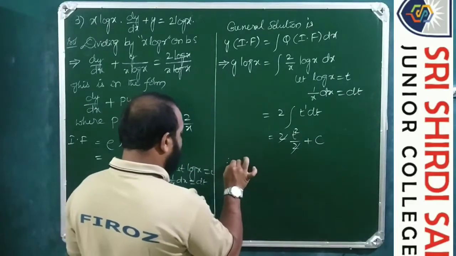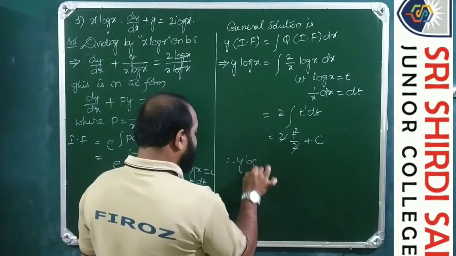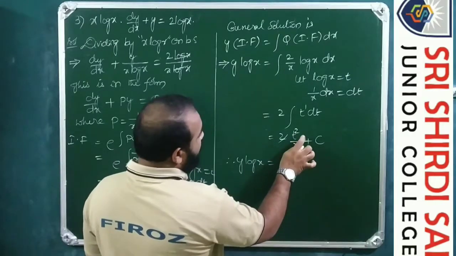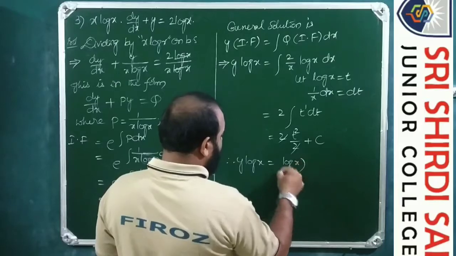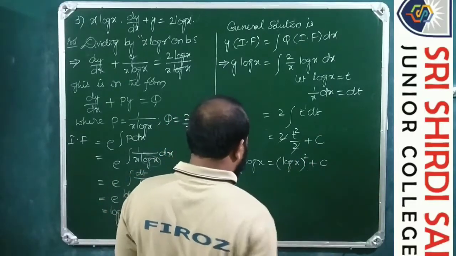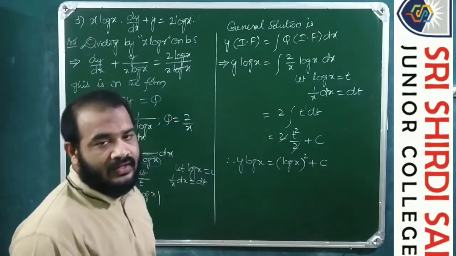Therefore we are left with y log x is equals to log x whole square plus constant of integration c, which is the required solution.